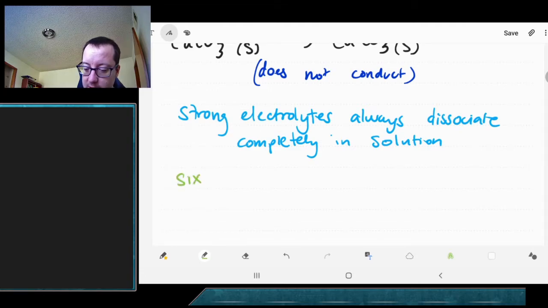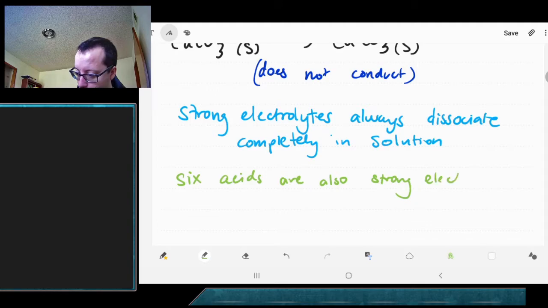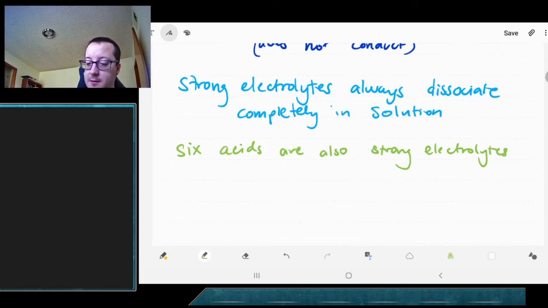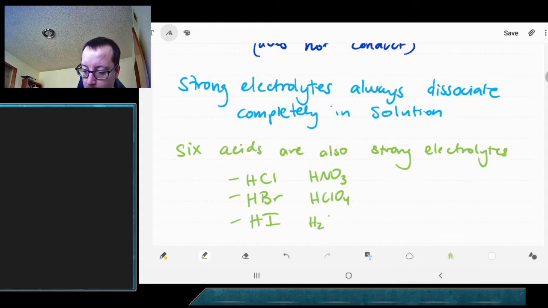We're going to also see that we have a few other things. 6 acids are also strong electrolytes. And those 6 are going to be the ones of the halides, except for fluorine, as well as nitric acid, perchloric acid, and sulfuric acid.